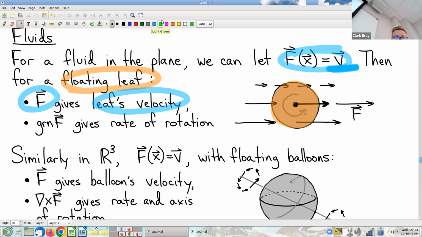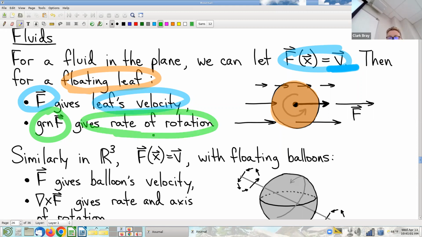Well, Green's operator is what is telling you how much the water is turning, how much the water has got a little bit of a twist to it, a rotation to it, lots of different ways you could describe it. And that's what controls the leaf's rate of rotation.